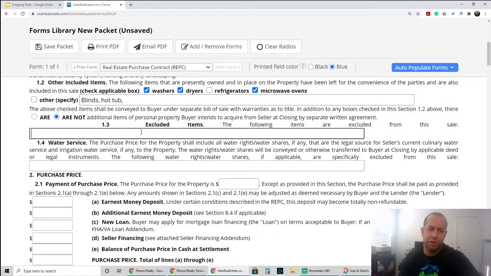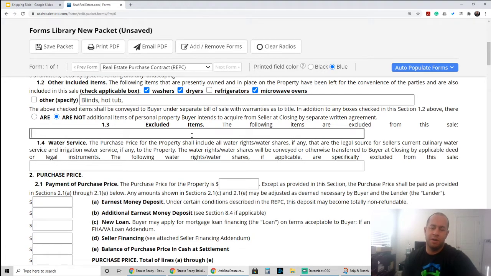Excluded items, you could exclude whatever you want in here. A lot of excluded items might be a chandelier that is the owner's grandma's or something. Hot tub is a big one here. Flashy window coverings, like if they have $600 drapes or something that they made themselves or whatever, they might write the exclusion here.